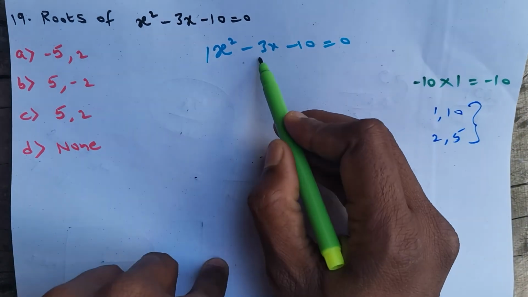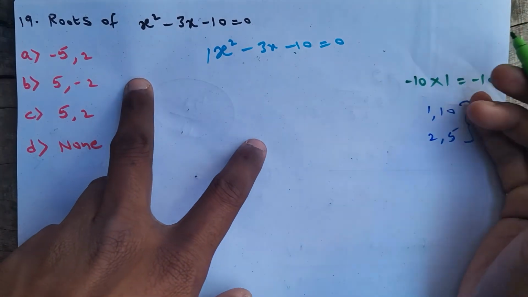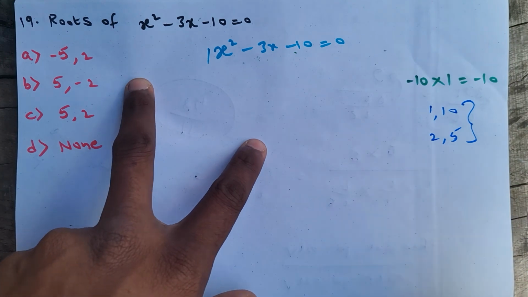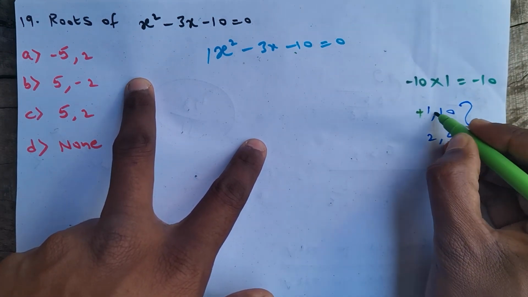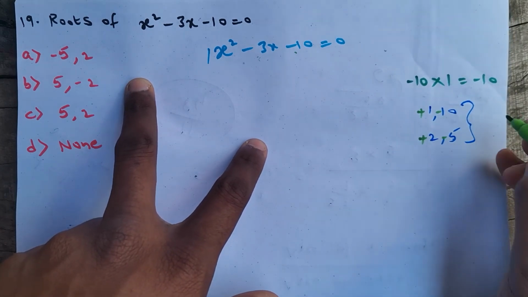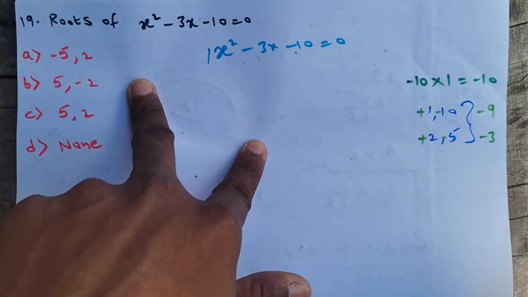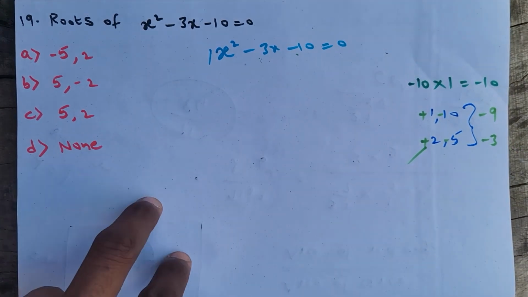Now middle number is negative and third number is negative. So bigger number should be negative and smaller number should be positive. Smaller number positive, bigger number negative. Plus 1 minus 10 is minus 9, plus 2 minus 5 is minus 3. So this second pair is the correct pair.